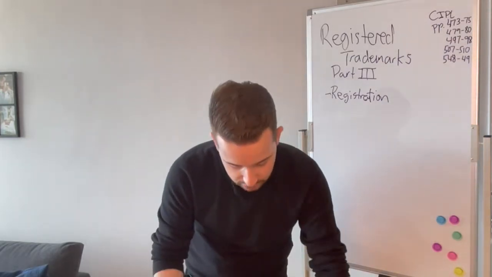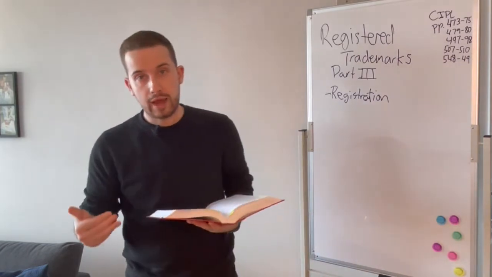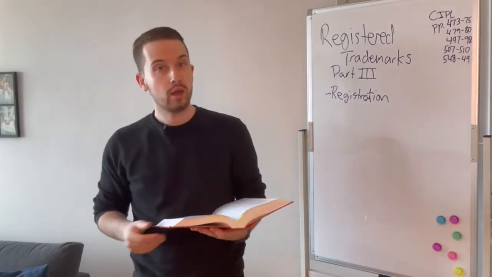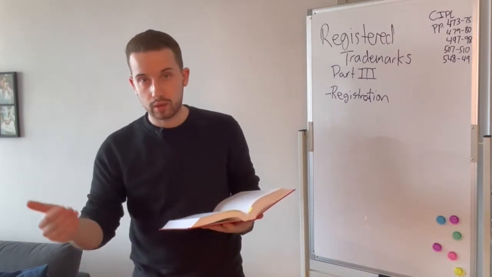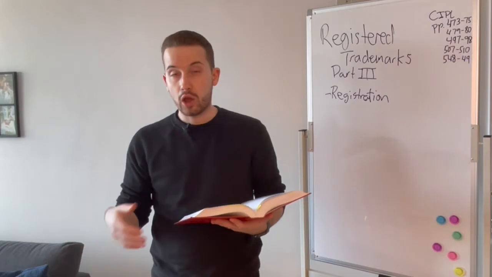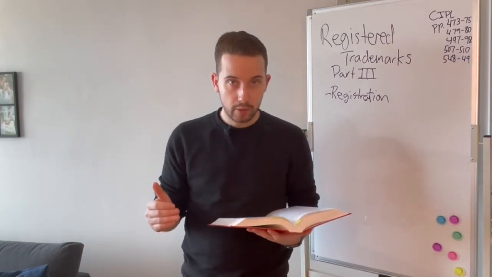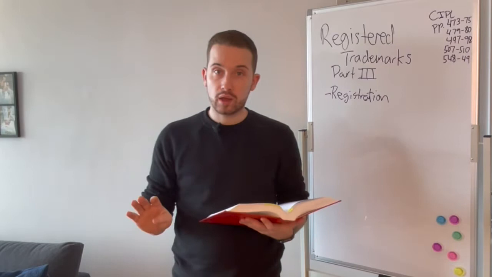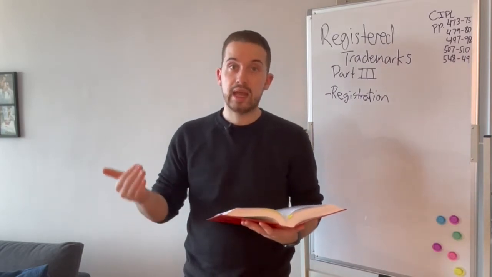So, Section 30 tells you what you have to put in your registration, right? And essentially, very similar to what we saw under copyright. You know, the name, the thing, under industrial designs as well, right? We didn't look at the copyright regime in terms of registration in great depth, but we mentioned it. And then we looked at industrial designs, which, as we said, have to be registered. It's mandatory.